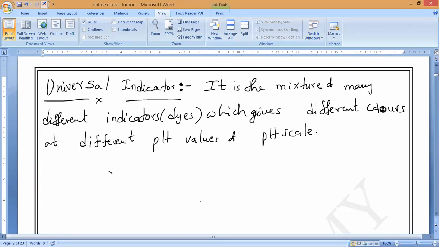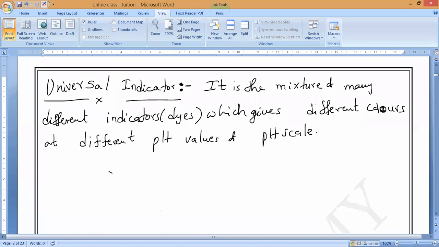As we know, the pH of a solution depends on what, Kevin? The hydrogen ion concentration. So we can also say the universal indicator shows different colors at different concentrations of hydrogen ions in the solution.